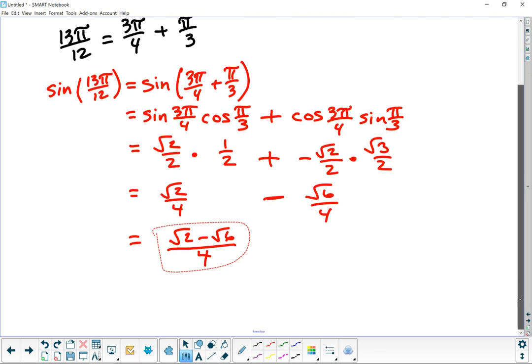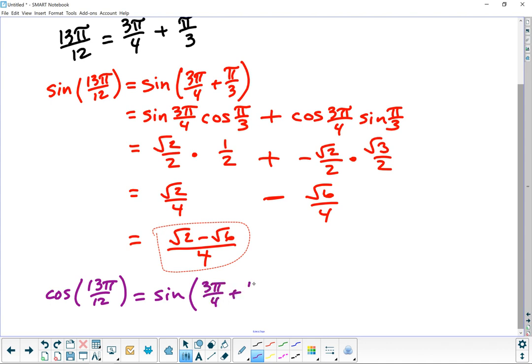That's for the sine. For the cosine, I'll use purple because this is the last one. Cosine of 13 pi over 12 equals, and I'm using 3 pi over 4 plus pi over 3.